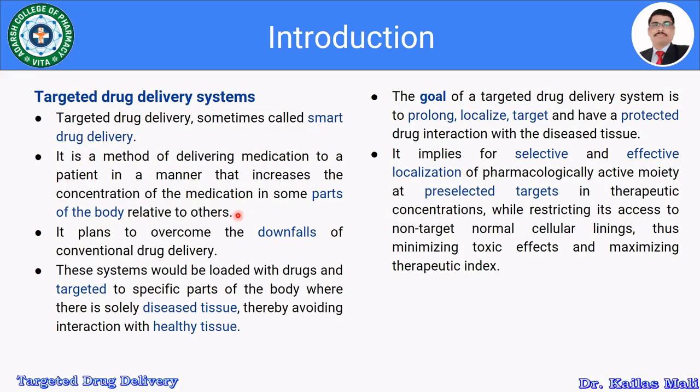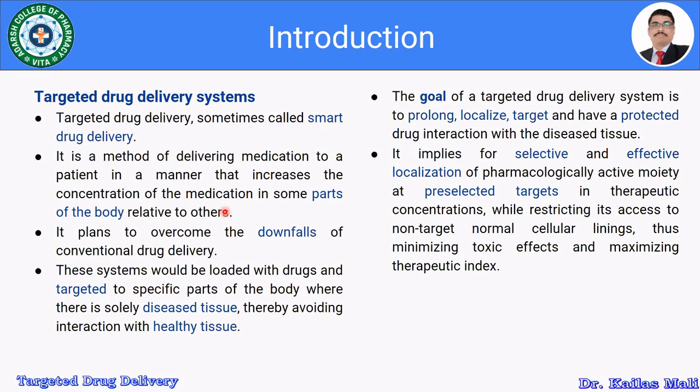For example, if we want to target the colon, it is possible to prepare colon targeted drug delivery system by using certain polymers which are degraded in the colon. More precisely, already we have discussed the gastroretentive drug delivery system.